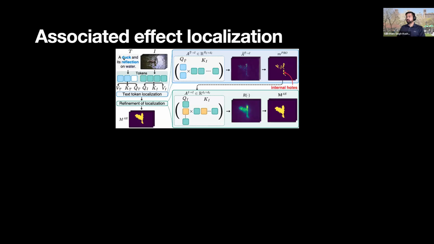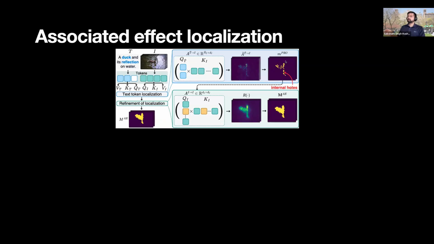In MMDiT, there are layers in which the text and the visual patches share the same embedding space, and we utilize that. So, given the object and its associated mask, we try to find what are the regions that it is highly related to, and then we threshold that.